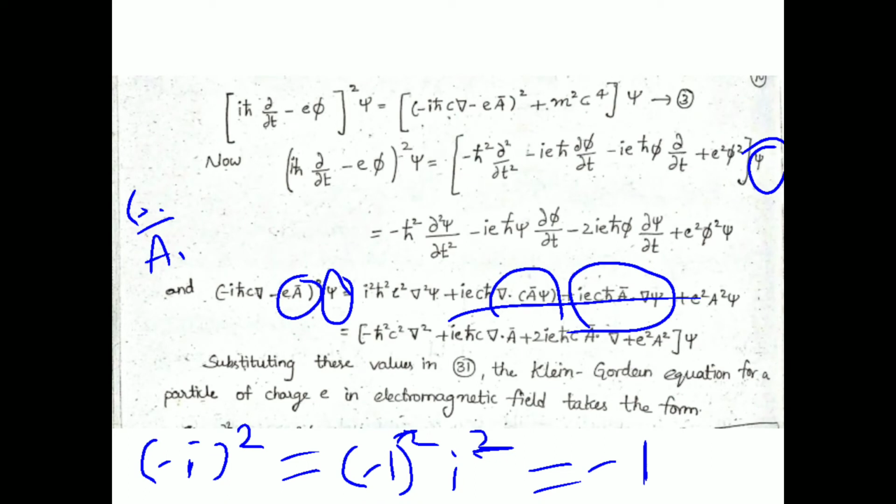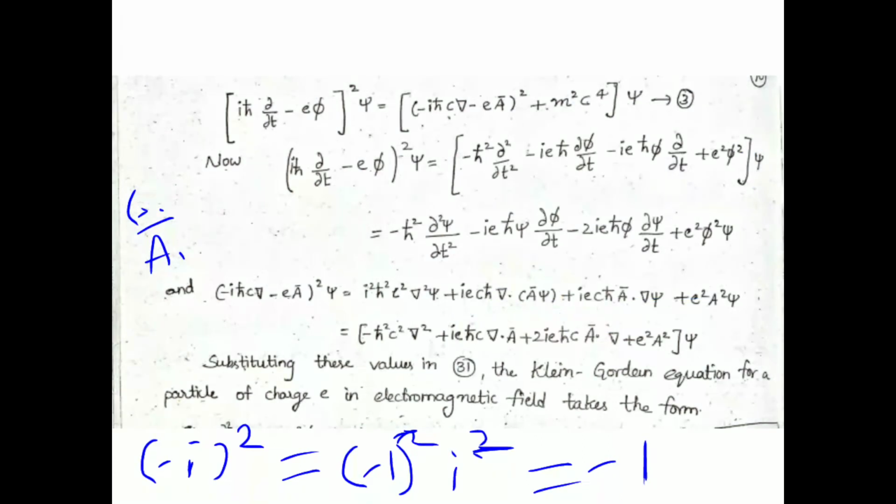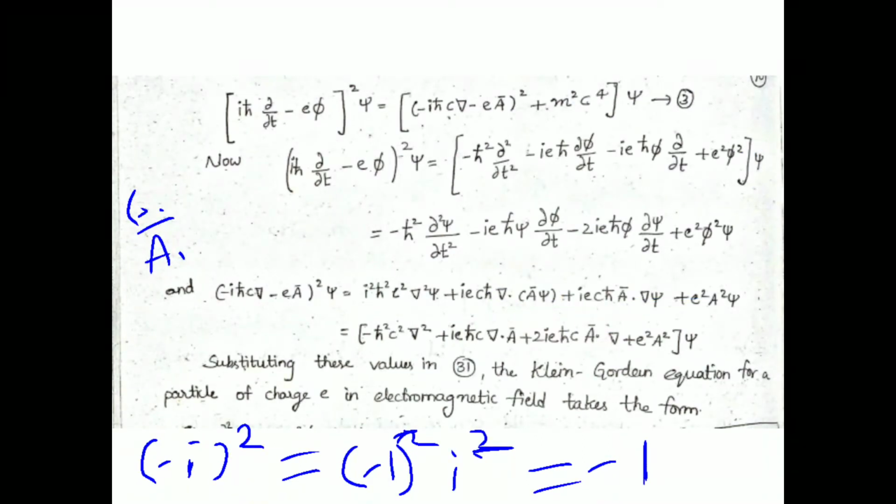As we have included del into xi, it is just like the gradient of xi. So next ea dot ea, minus ea dot minus ea is nothing but plus e square a dot a square, and after taking xi we would have this term. Now again we need to take xi out, taken common, and we arrive at this step.